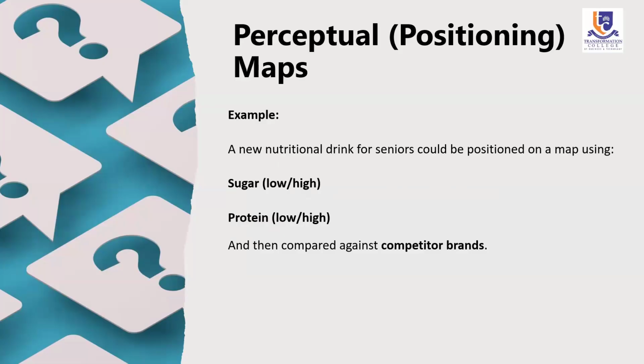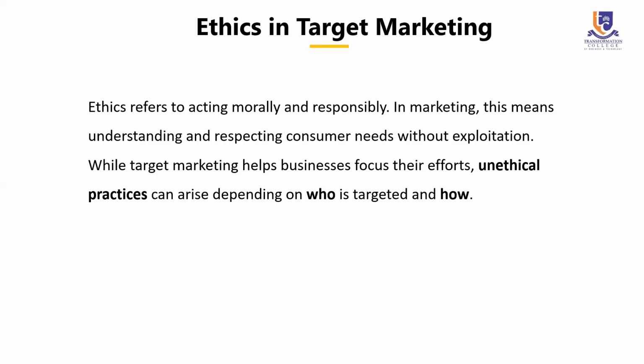Whatever nutritional drink you give them has to be low sugar, compared to other brands. You see some people with a sugar level of maybe 6%, 5%, and you say mine is lesser at 2%. People prefer to take one that is lesser than the competitor.